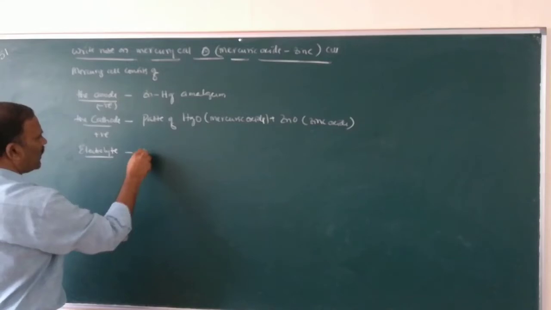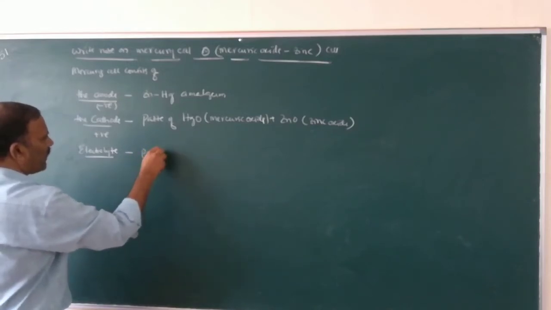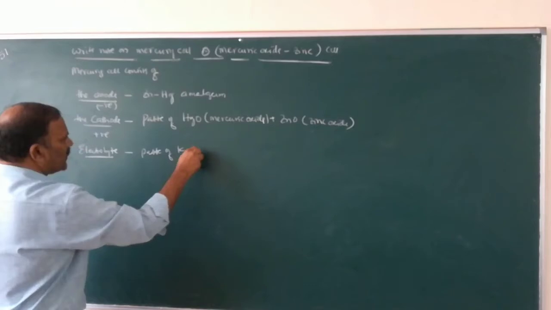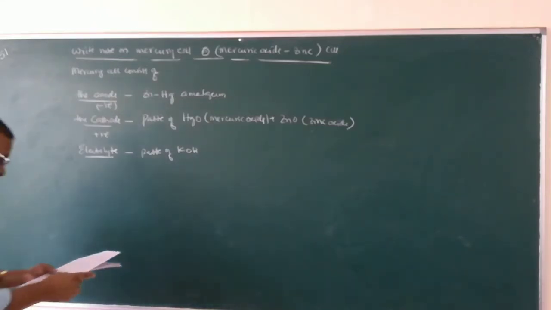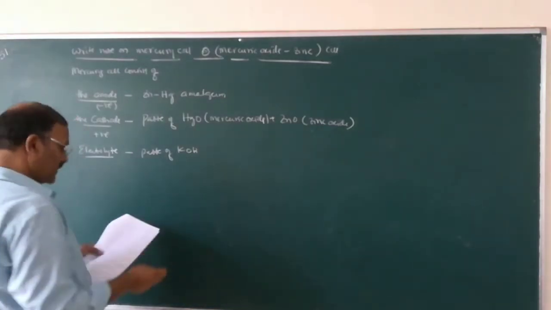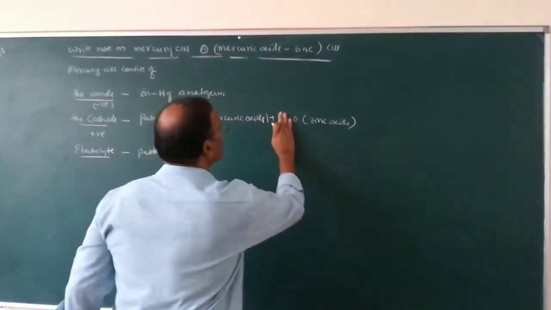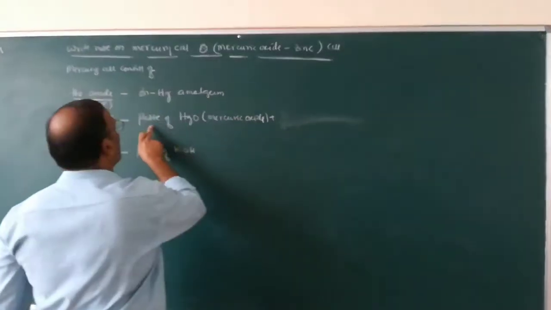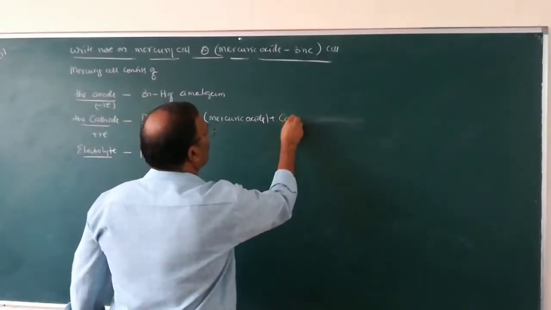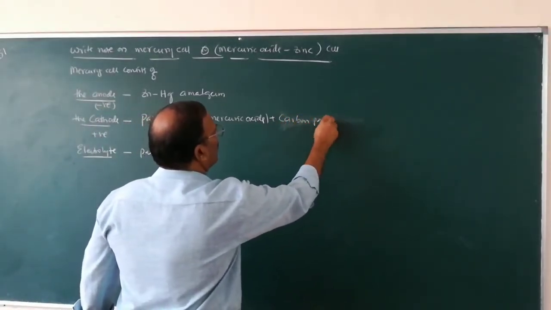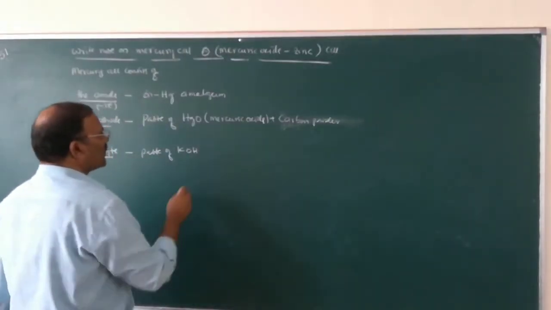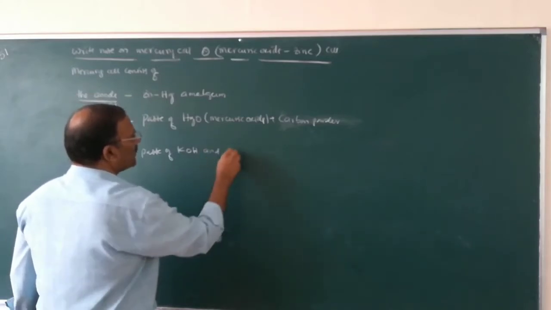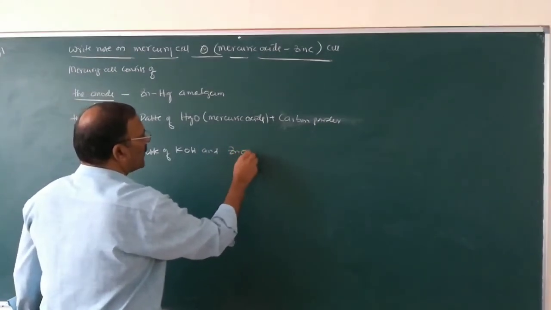Electrolyte is the paste of potassium hydroxide and zinc oxide. This is carbon powder, paste of mercuric oxide and carbon powder. And here electrolyte is the paste of potassium hydroxide and zinc oxide.